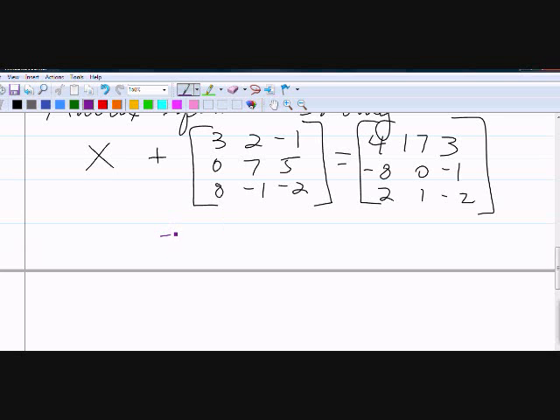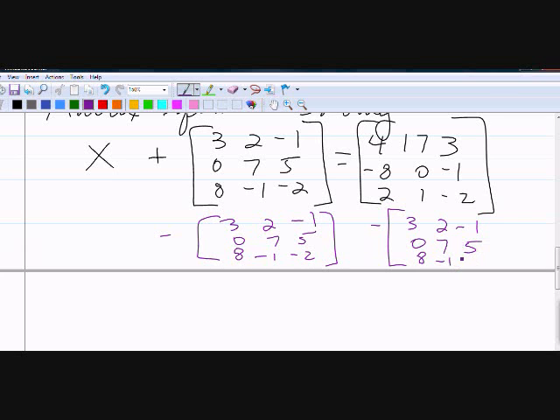So if I subtract this matrix 3, 2, negative 1, 0, 7, 5, 8, negative 1, negative 2 from both sides of this equation, that should give me what matrix X is. Okay, so I have the identity matrix on the left side of my equal sign.